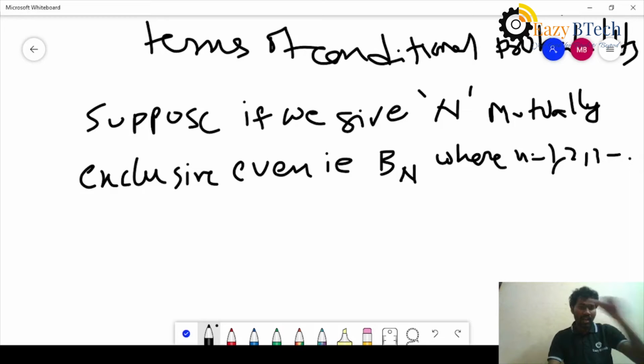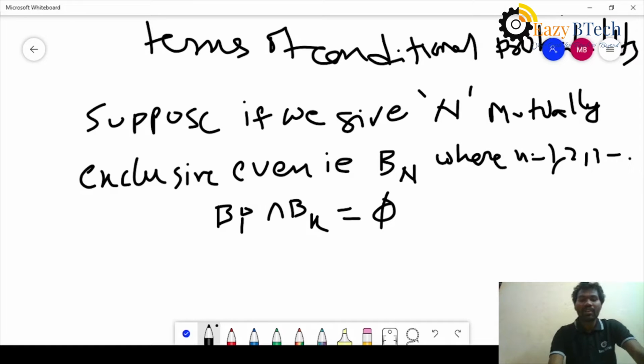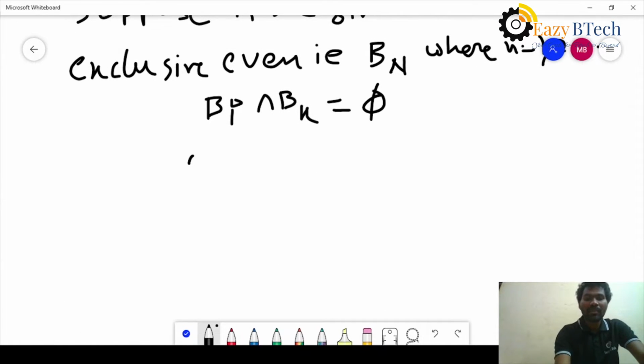We say the events are mutually exclusive, that means Bi intersection Bk is equal to phi. That means there is no common point between them. So these events can be represented like this.